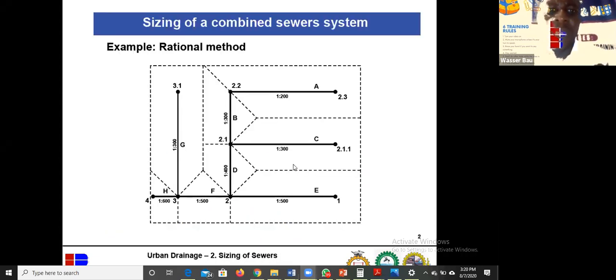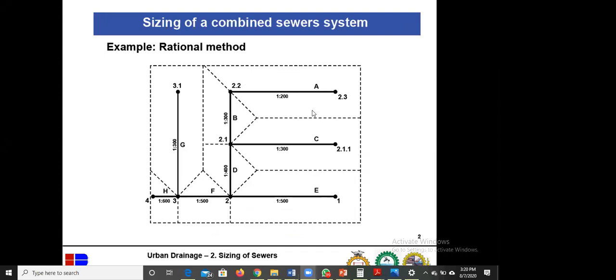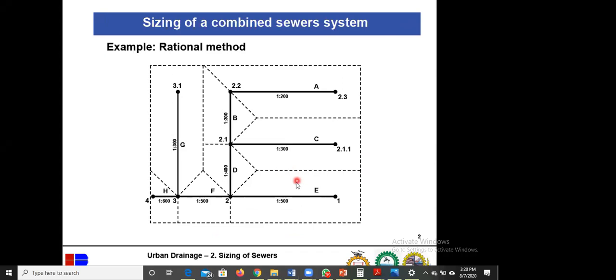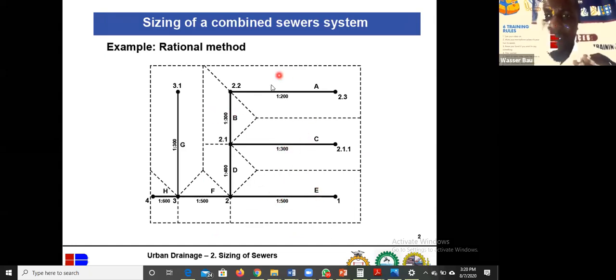So now this is the layout we're going to model. What you have here is about catchment. This is catchment A, this is catchment B, this is catchment C, this is catchment E, and so on and so forth. So these catchments represent districts, estates, cities, areas, and so on. So it could be more expanded.